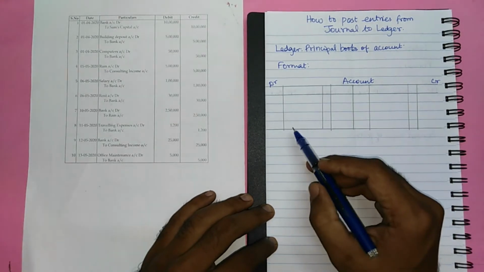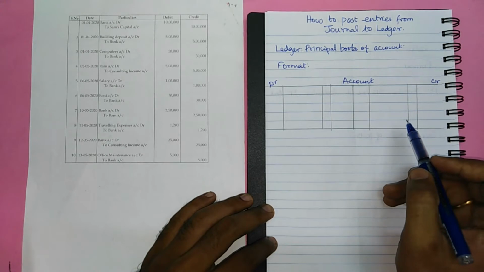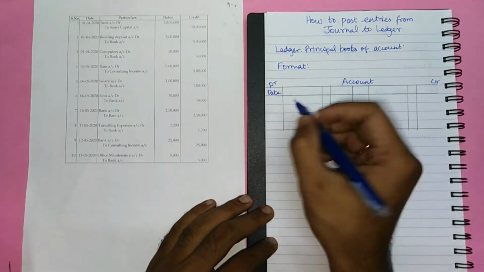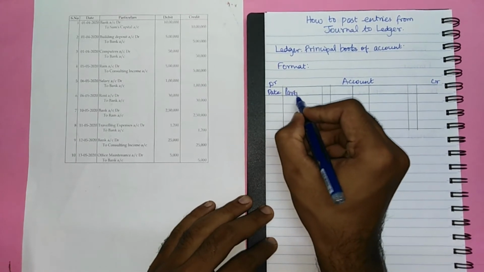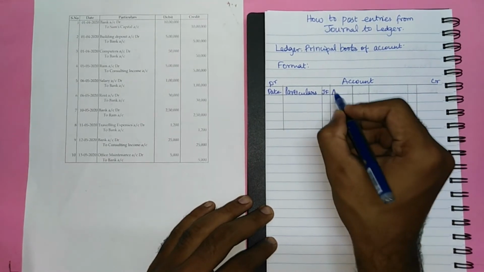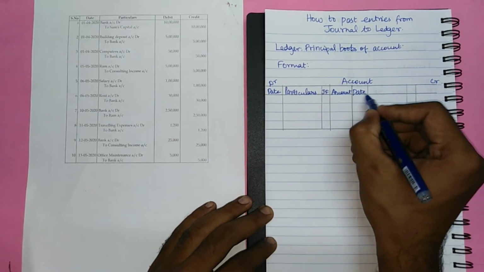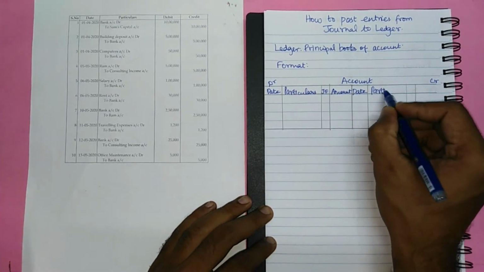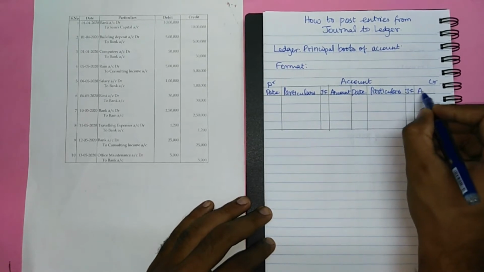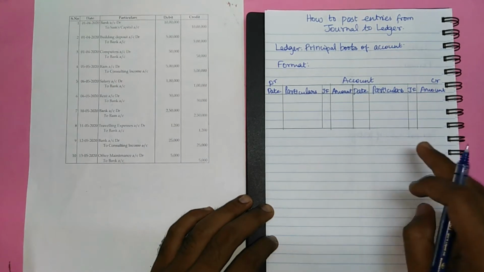It totally has 8 columns, 4 in the debit side and 4 in the credit, and the column heads are date, particulars, journal folio, amount, and again date, particulars, journal folio, and amount. Thus, we are done with the format of ledger accounts.